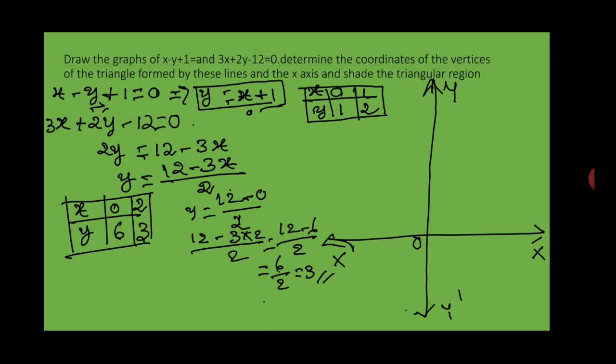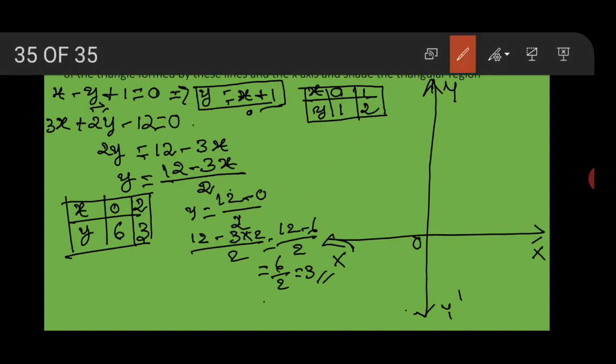Draw the x-axis X dash X, and the y-axis Y dash Y. Here, what is the maximum value of x? x is equal to 2, so only 2 is enough. The maximum value of y is 6. This is also enough.